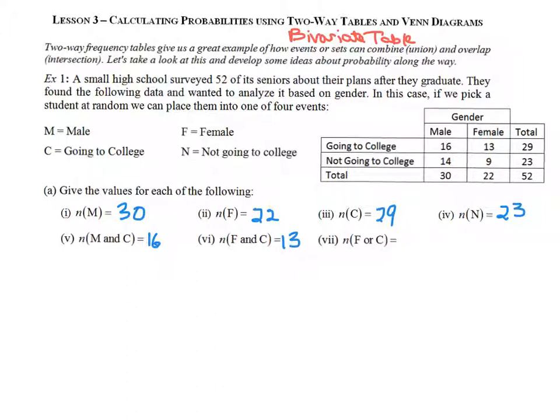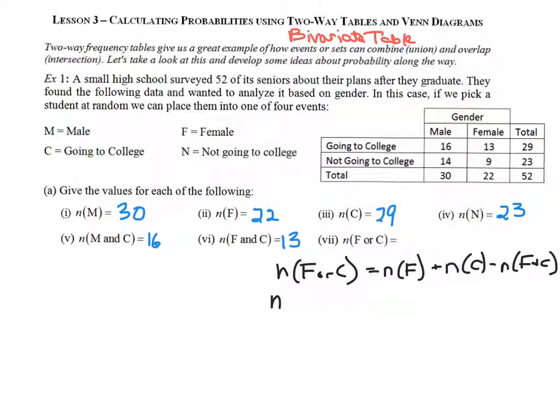So I can break this down into the number of females or college would be equal to the number of females plus the number going to college, but then I've got to subtract out the number that are females and going to college because I've already counted each of those groups.